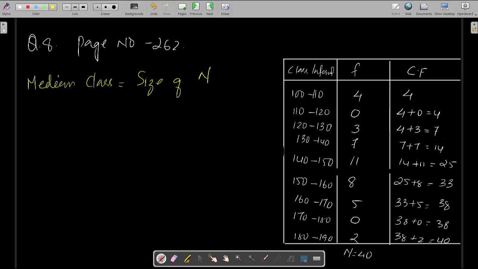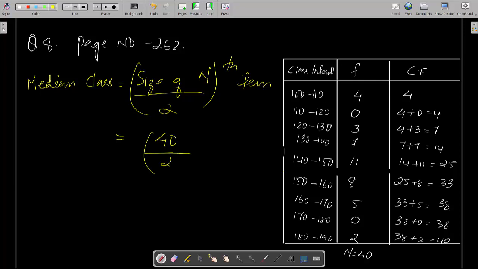It is given there, example 7, example 8. You can check the examples as well. Size of n by 2 item. Here, n refers to the sum of the frequencies, so it is 40 by 2 item, which will be the 20th item.